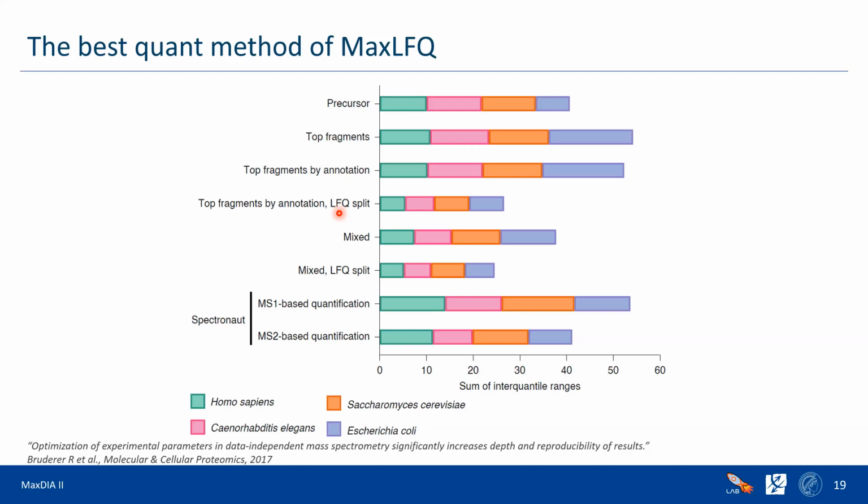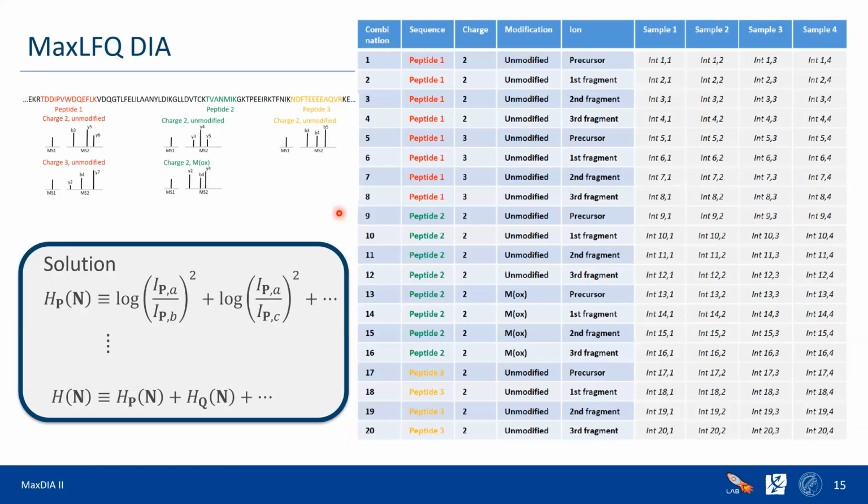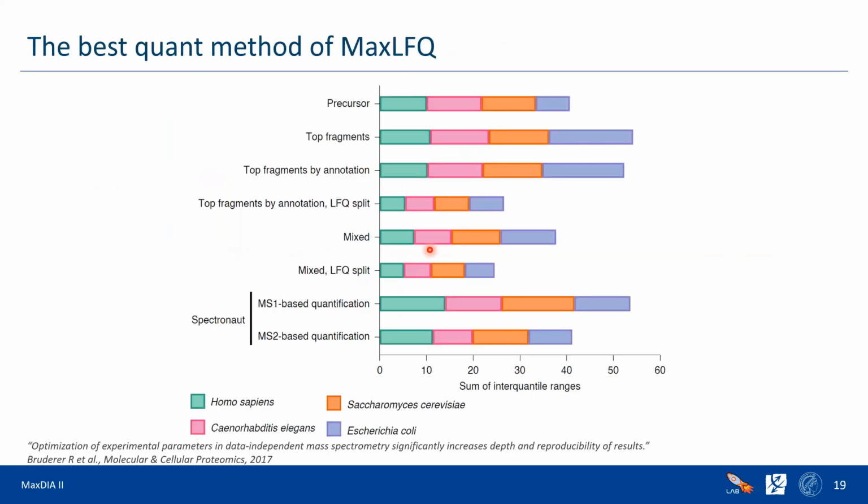We keep them as separate instances, and the table is going to look like that, except column row 1, row 5, and row 9, etc. So we're basically going to do the whole normalization step without precursor information, but with fragment information, LFQ split. Each fragment is kept as a separate instance in normalization.